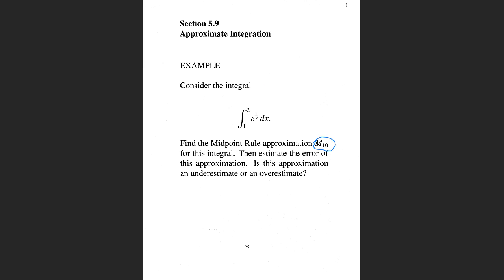M sub 10 means midpoint rule with how many subintervals? How many subintervals will we be using?